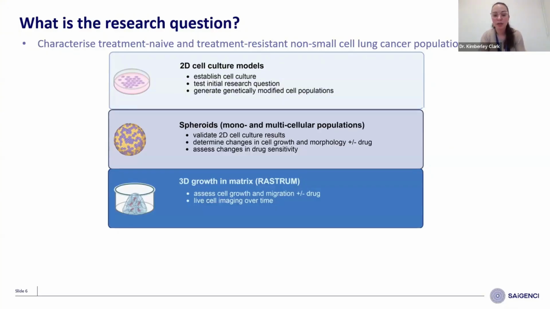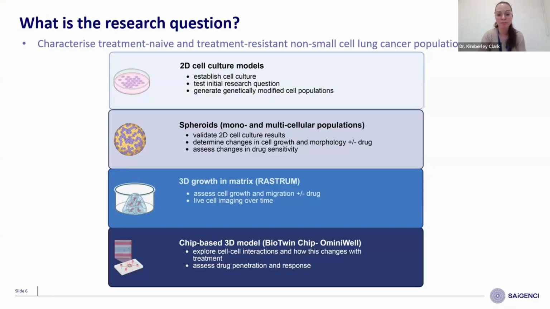We're using a system from Rastrum for this, and we can use that to assess cell growth. This model is a bit more beneficial for also exploring migration in the presence of drugs. And it also enables live cell imaging over time, where we can monitor the change of the cells and how they're interacting in the 3D space over a longer time period that is not so accessible in the spheroids.